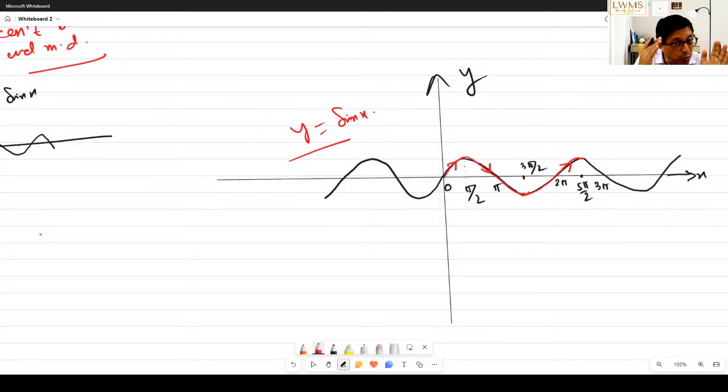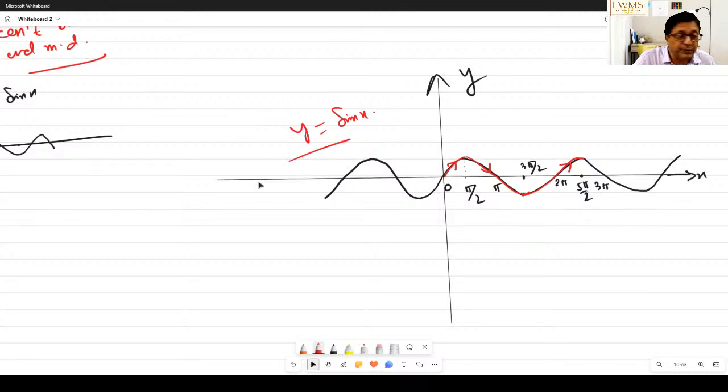If you restrict the domain, then it is going to be increasing or decreasing, but as a whole, on the interval 0 to 2 pi, it is neither increasing nor decreasing. Clear? So a function together cannot be both increasing and decreasing.